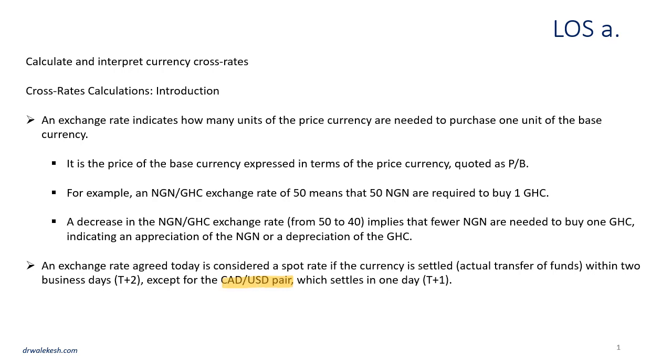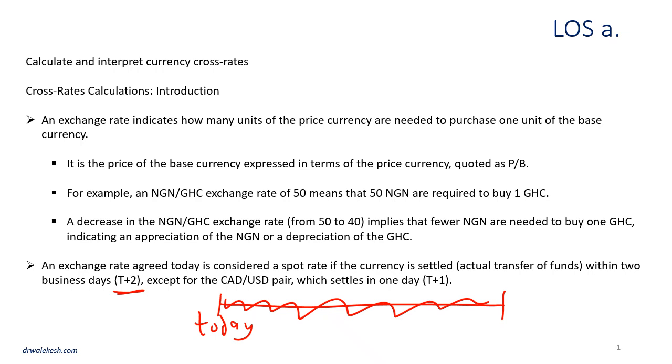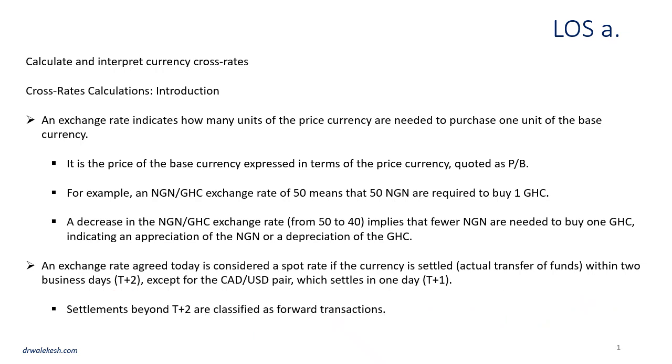So Canadian dollar against US dollar is the exception to this rule, and this currency pair settles in 1 day. So if we agree on the exchange rate today, but the transaction happens within 2 business days, then we are still dealing with a spot transaction. Settlements beyond T+2 are classified as forward transactions.